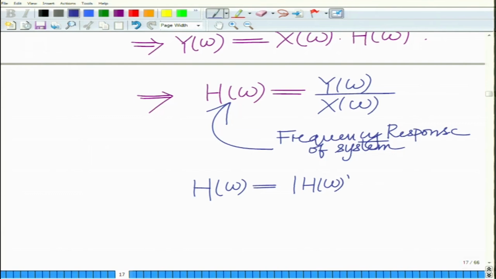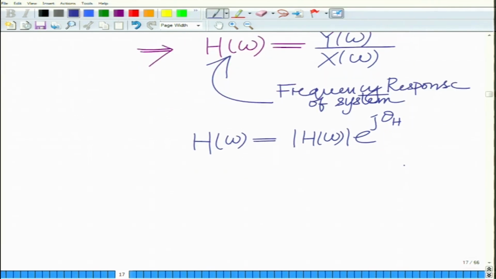So, I can write this in polar form as magnitude of h of omega times e raised to j theta h, where the quantity magnitude h of omega is termed as the magnitude response of the system.